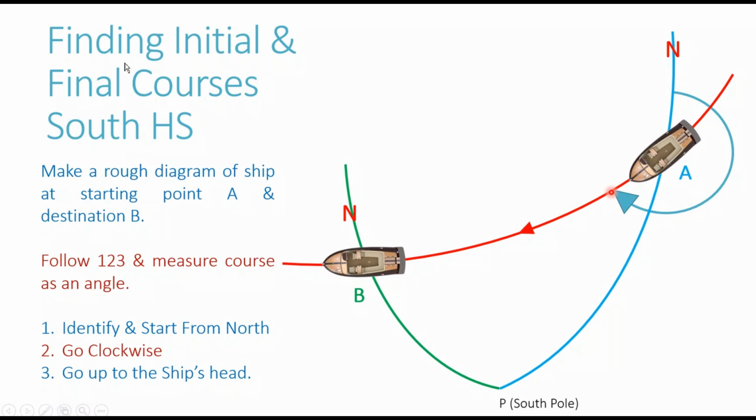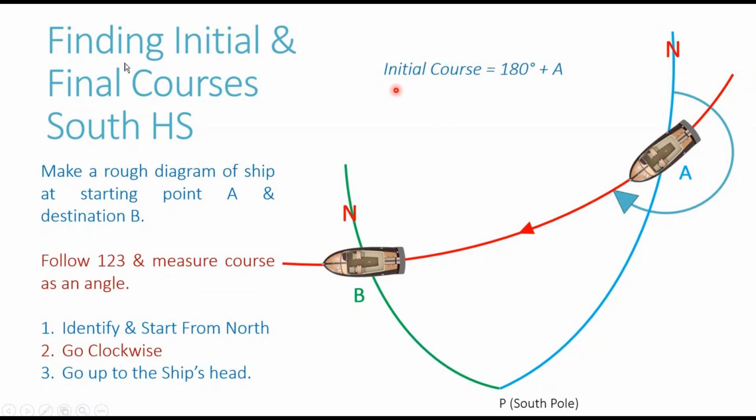Now how to obtain this course from our angle A? You see, angle A is the internal angle of triangle PAB, this particular angle. We know from north direction to south direction, up to here, this angle is 180 degrees. So the initial course is given by 180 up to here plus angle A.